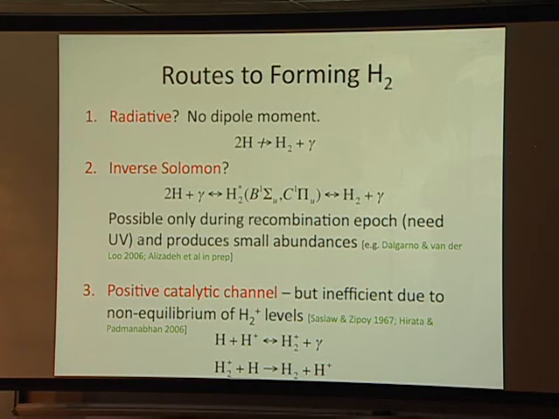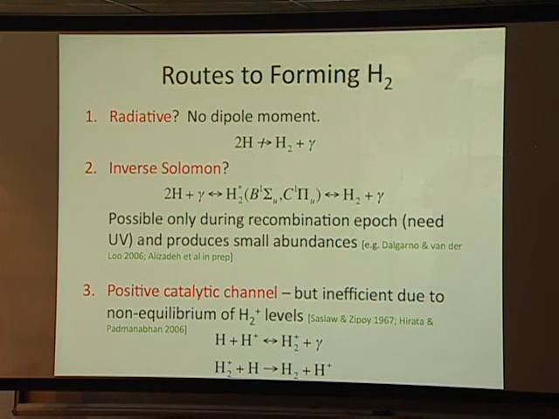You might next imagine that there's this huge bath of photons. You could take two hydrogen atoms and a photon and put them together and make an H2 molecule in an excited electronic state that has odd parity, and hence this is dipole allowed.